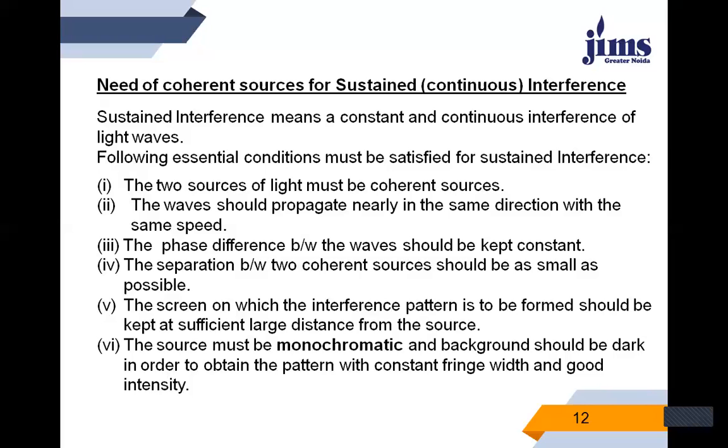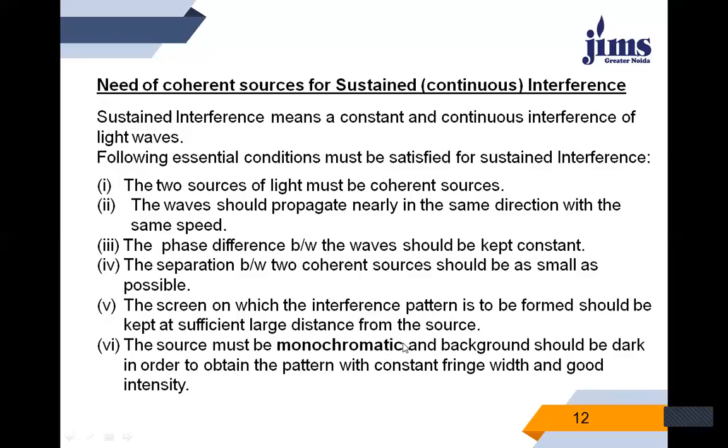Fourth point is that the separation between two coherent sources should be as small as possible. The screen on which the interference pattern is to be observed should be kept at a sufficiently large distance from the source. The source must be monochromatic.